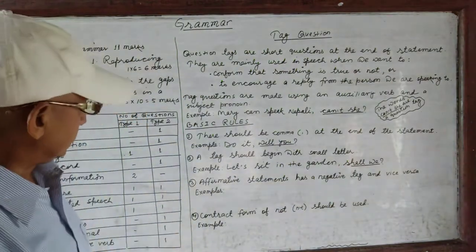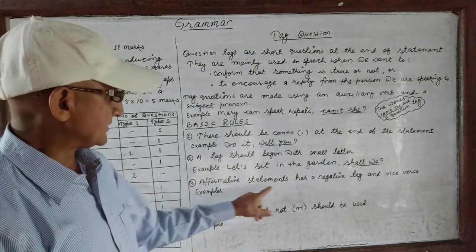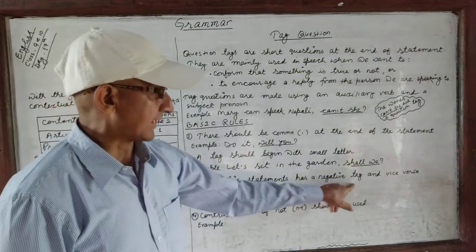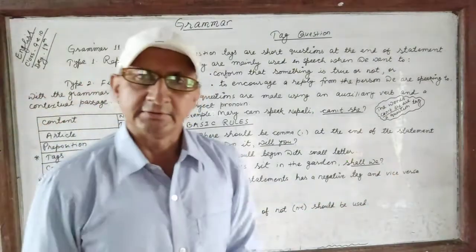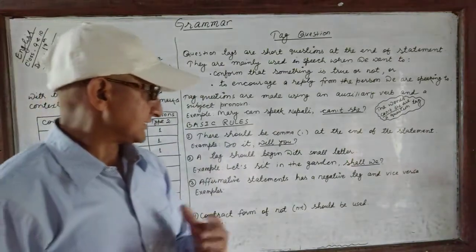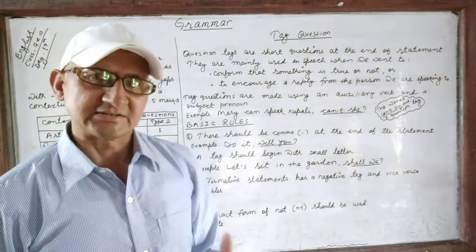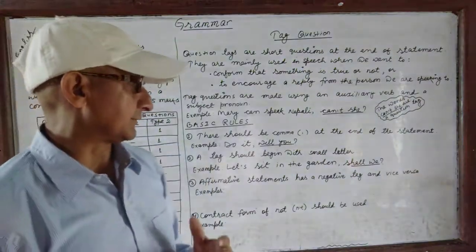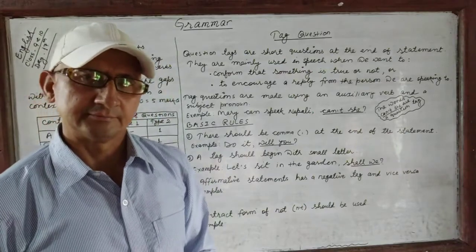And the third rule is an affirmative statement has a negative tag and vice versa. It means an affirmative statement has a negative tag and a negative statement has a positive tag.